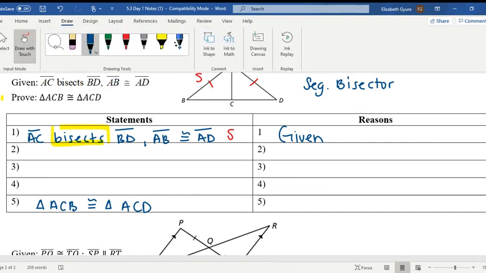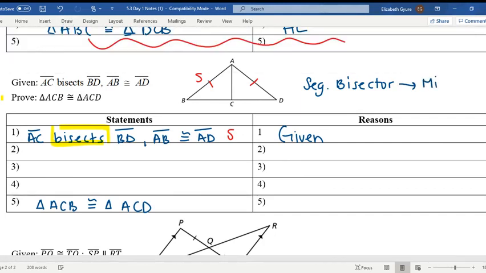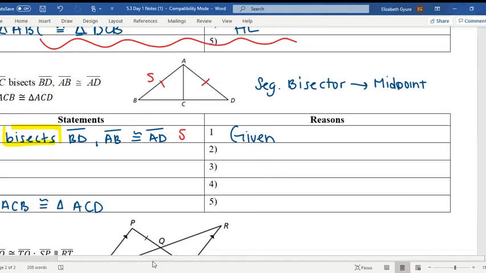If you have a bisector, it goes through the midpoint, and then it's actually the midpoint that makes your congruent parts. We don't deal with a lot of segment bisectors because they're trickier, but the definition of a segment bisector is that a line, segment, or ray is a bisector if and only if it goes through the midpoint.